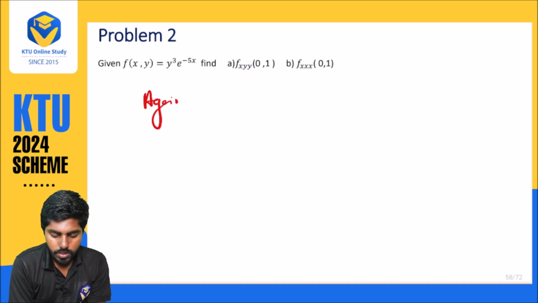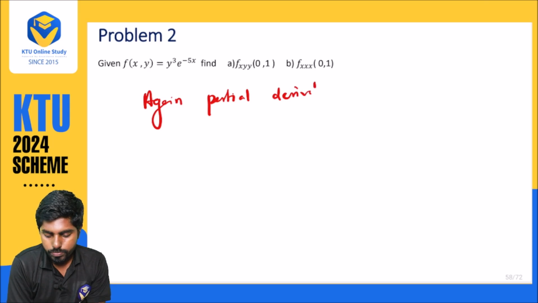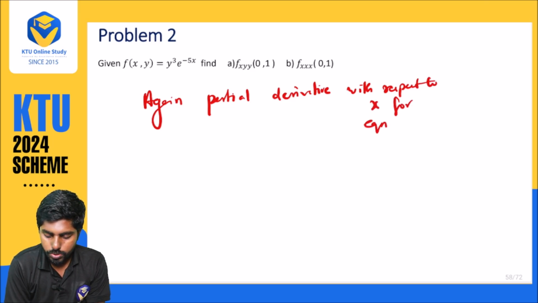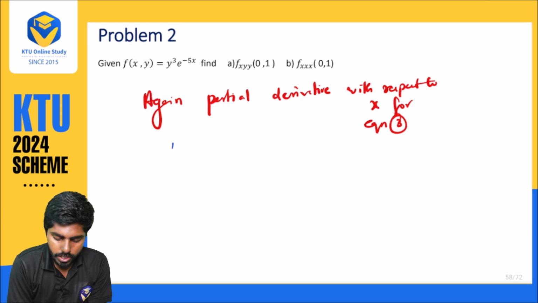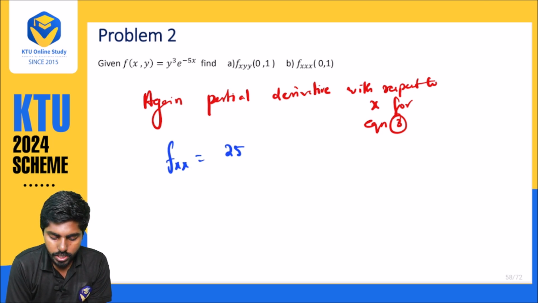Again we take the partial derivative with respect to x for equation 2. So f_xx is 25 y cube e power of minus 5x.